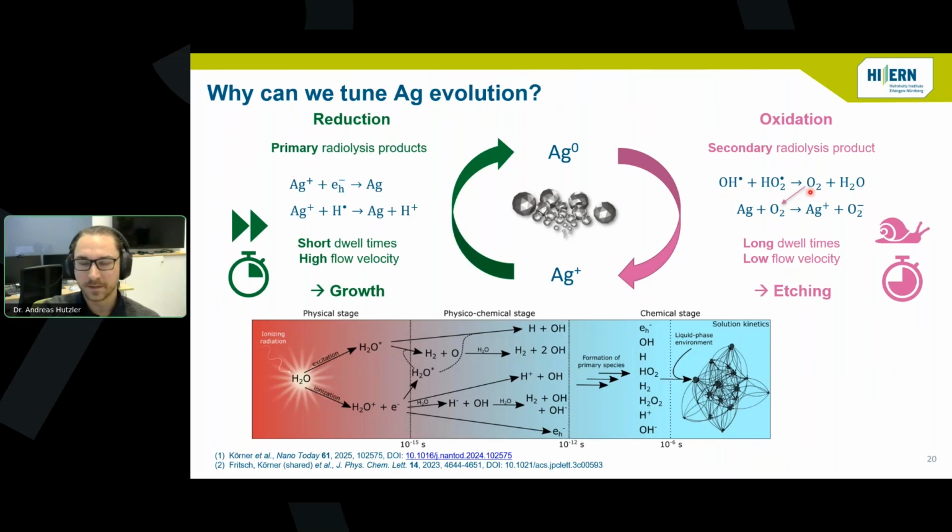So we can now try to study the question, can we actually flush away our radiolysis products? Because we can nicely separate reduction and oxidation due to this reaction with primary and secondary radiolysis products.